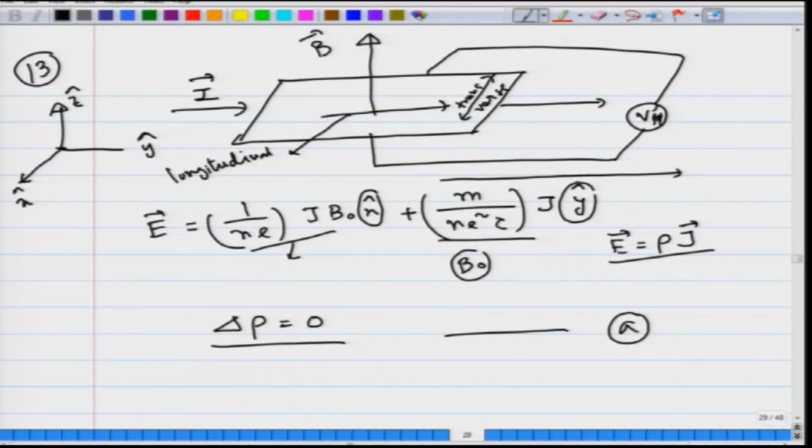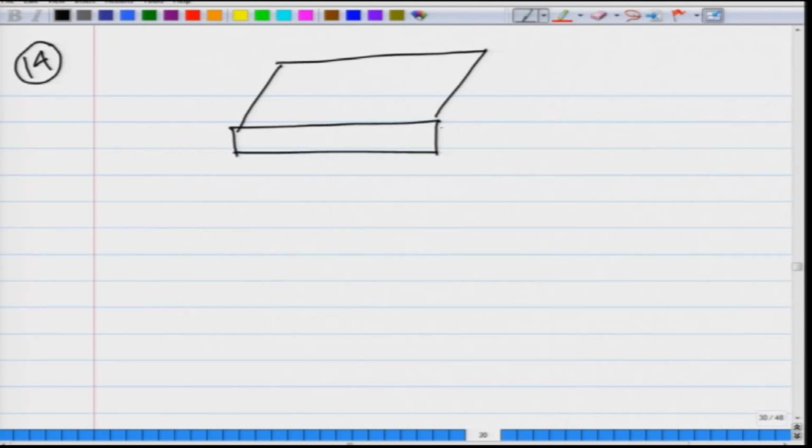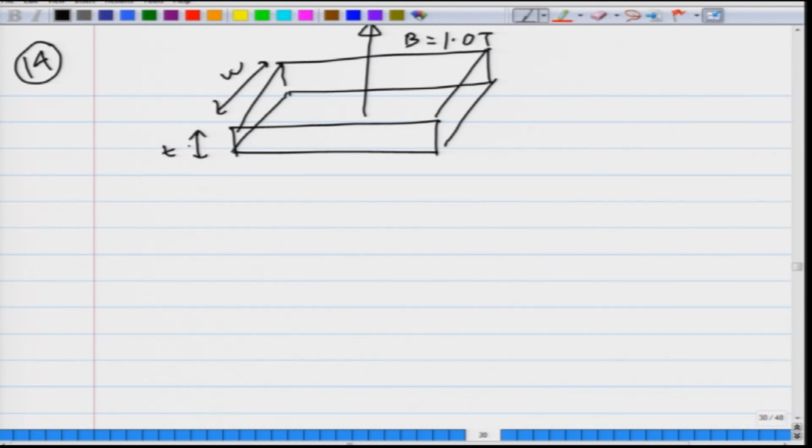So, the last question, question number 14, it is given as: this is my sheet, this is B of 1.0 Tesla, this is the width W, this is my thickness T and this is my length.